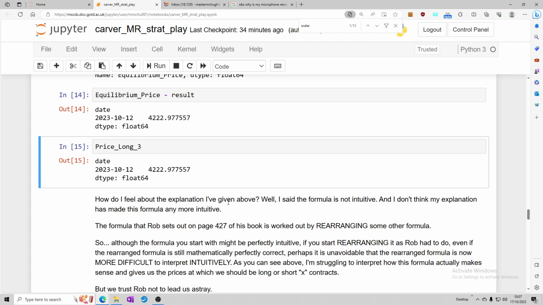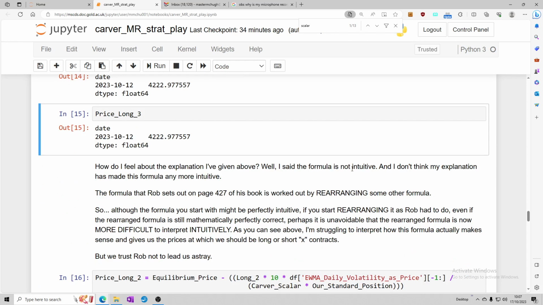How do I feel about the explanation I've given above? Well, I said the formula is not intuitive, and I don't think my explanation has made this formula any more intuitive. The formula that Rob sets out on page 427 of his book is worked out by rearranging some other formula that he already presents in his book.